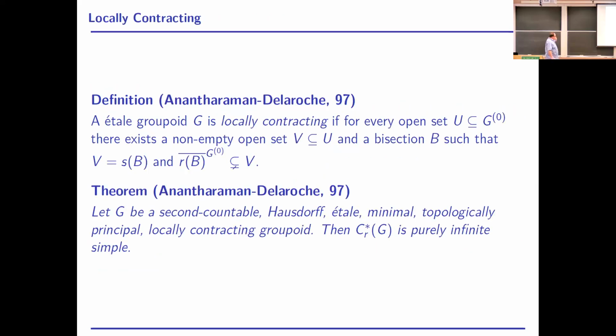The first result we're going to be talking about is a condition from Anantharaman-Delaroche in '97. An étale groupoid is locally contracting if for every open set U in the unit space there exists some non-empty open set V and a bisection B such that V is the source of B and the closure of the range of B, closed in G0, is properly contained in V. The G0 is just sitting there to make sure we're only closing in the Hausdorff unit space.